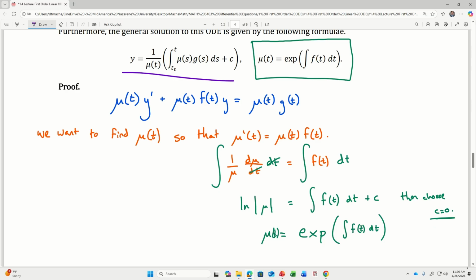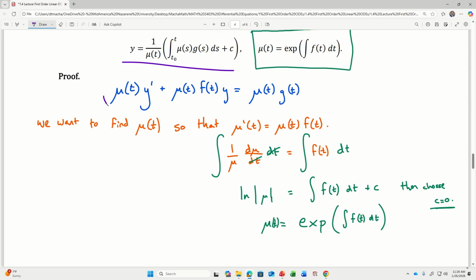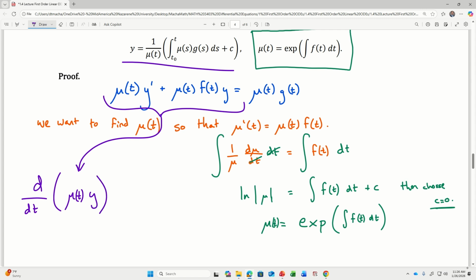In the rest of this, we've got this side of the equation, which can be reverse product ruled into mu of t times y. And the right side of the equation is now mu of t times g of t. And taking the antiderivative of both sides gives me mu of t times y equals the antiderivative of mu of t g of t.